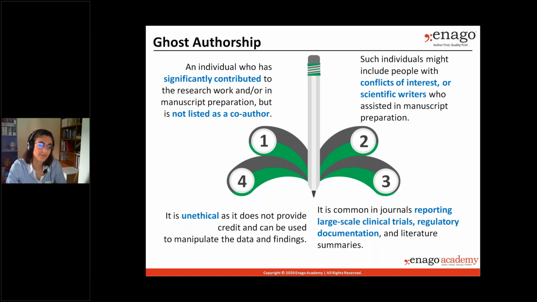This can be a common problem in journals reporting large-scale clinical trials, like regulatory documentation and literature summaries. Of course, it is unethical not to place in the author list someone who has made a significant contribution and meets all the ICMJE guidelines. So this should be avoided.